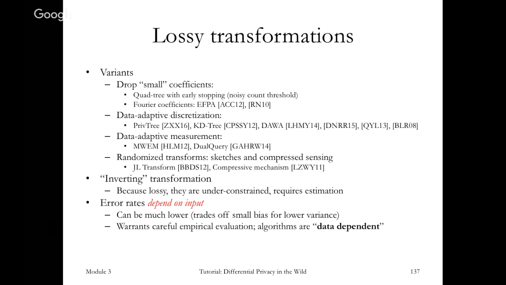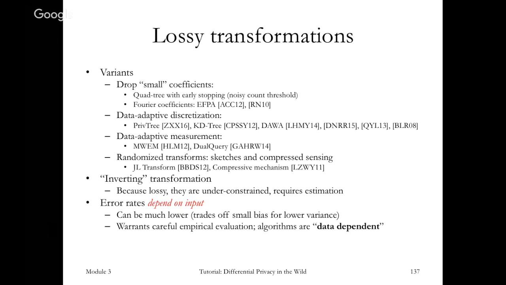An alternative is not just to think about linear transforms that are directly invertible, but to think about lossy transformations. Here there's been quite a variety of different techniques. Some simple ideas are to do a linear transformation, but then drop small coefficients. We saw that with the quad tree: if the noisy count was small, we simply stopped recursing down the tree.